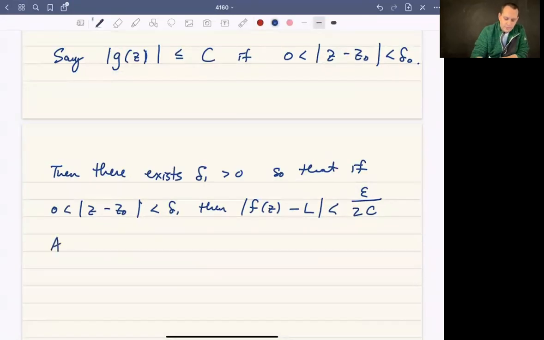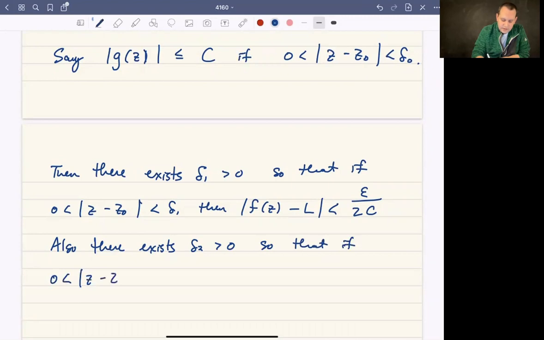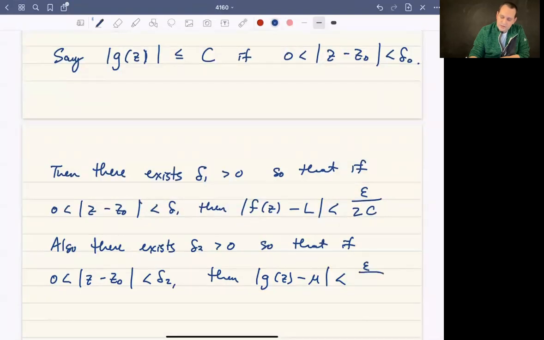Also, there exists a delta 2 so that if the modulus of z minus z naught is less than delta 2, then the modulus of g of z minus M is less than epsilon over 2 times the modulus of L. I just realized there's one case I forgot to analyze when I was doing this ahead of time, and that's when the modulus of L is 0, in other words, when L is 0 itself.